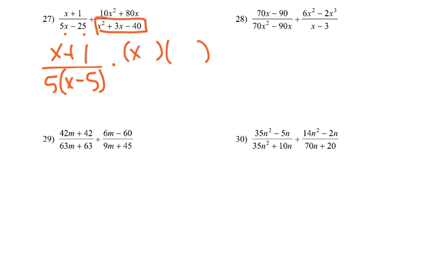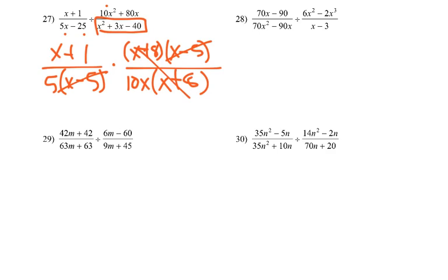Factors of negative 40, that would be 8 and 5, with 8 positive and 5 negative. Pull out a 10x, we'd be left with x plus 8. So x minus 5's cancel, x plus 8's cancel. Nothing else, so we get x plus 1 over 5 times 10 would be 50x.